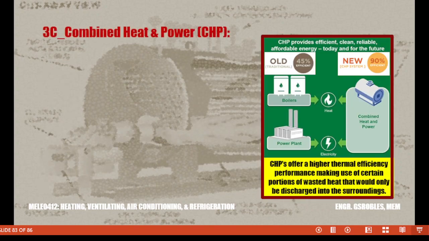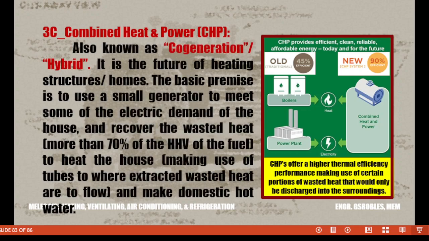The last one is what we call CHP or Combined Heat and Power, also known as cogeneration or hybrid type of heating, and may be termed the future of heating spaces. What is in CHP or Combined Heat and Power? It makes use of a small generator of heat and then recovers the wasted heat.